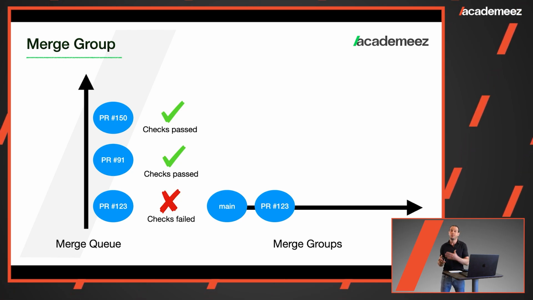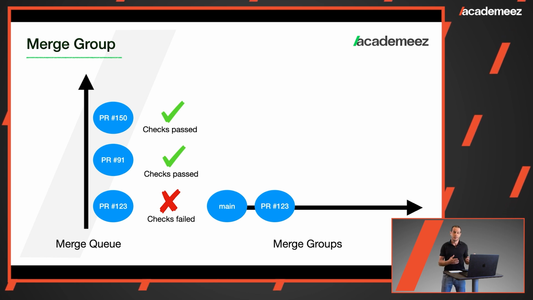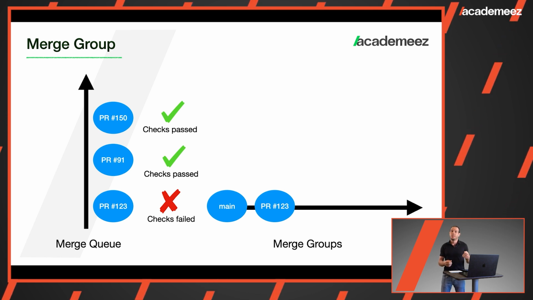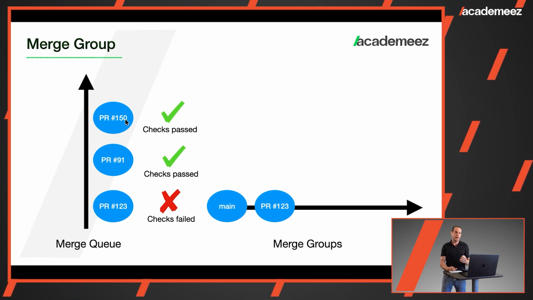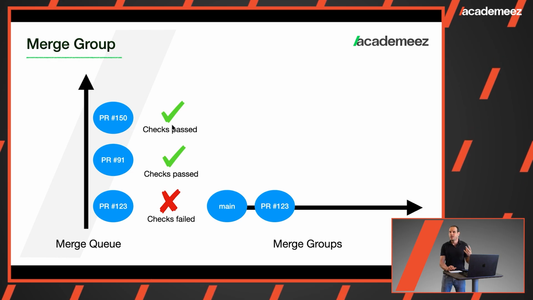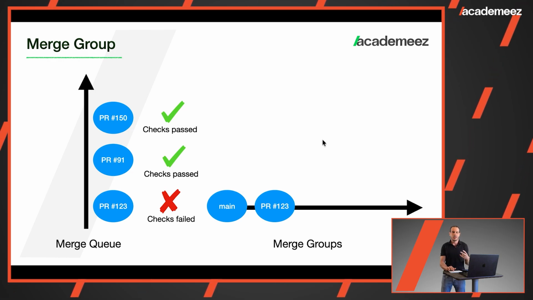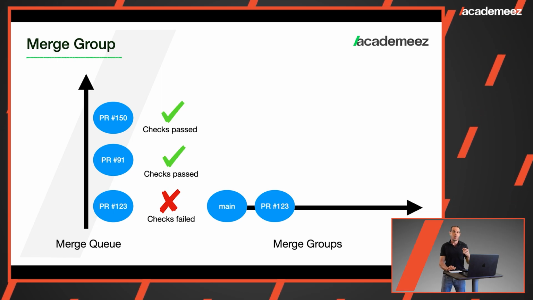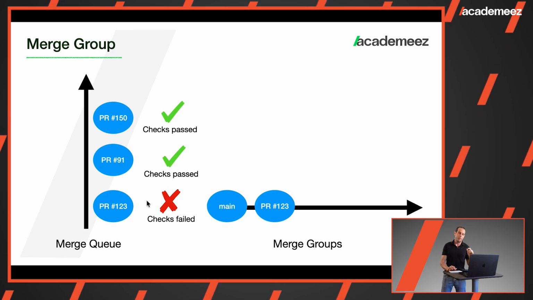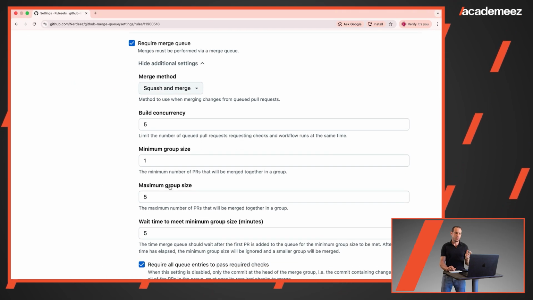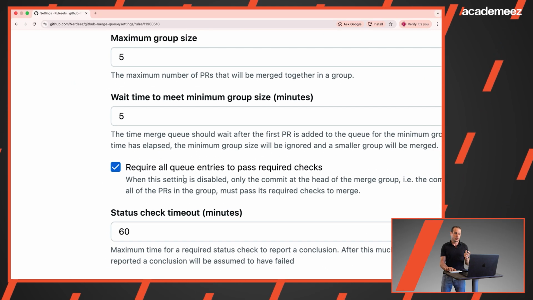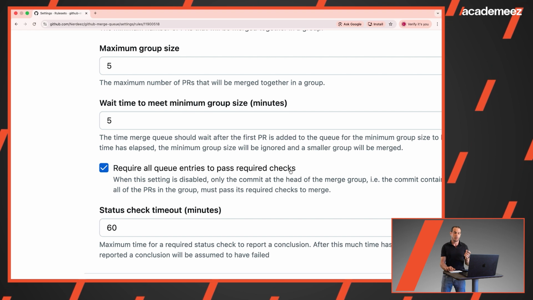Now 123, the checks failed. So if the checks failed, the merge queue might decide, and I'm saying might because there are certain situations. You saw that 91 and 150 both had PR 123 in their branch and they passed. So I'm saying 123 might be kicked out because there are settings that relate to grouping, and there is a setting that relates to requiring all queue entries to pass required checks.